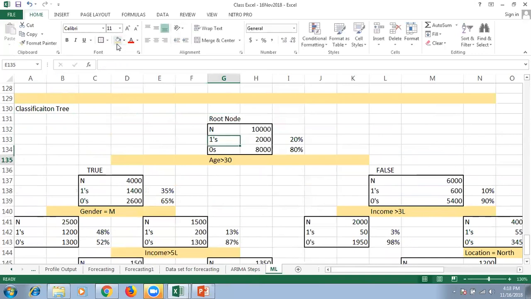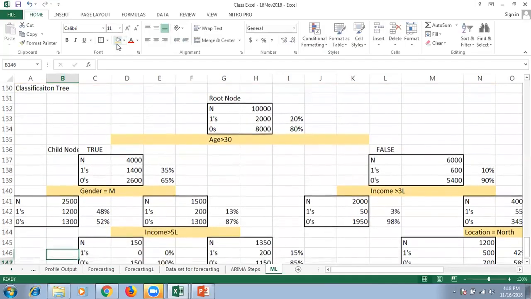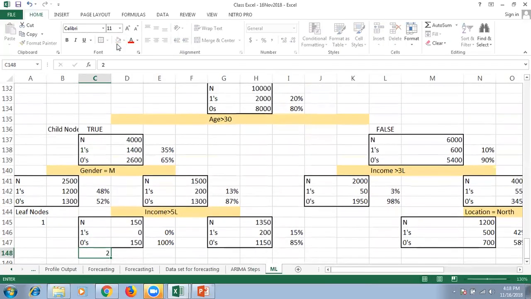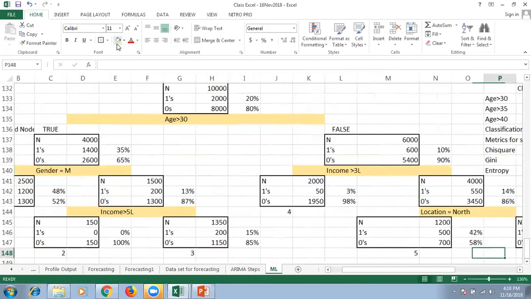These are all child nodes. And these final nodes are what we call leaf nodes. How many leaf nodes do you have? 1, 2, 3, 4, 5, 6.